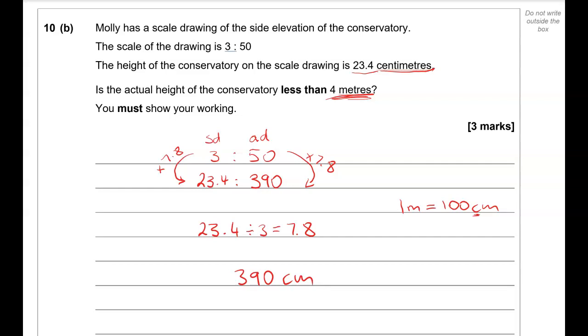So practically 390 centimeters is 3.9 meters. You could just divide this by 100 to get 3.9. So 3.9 meters is less than 4 meters. So we're going to say yes. And we've shown the evidence, the working out.